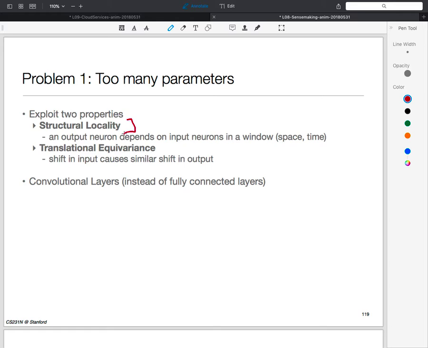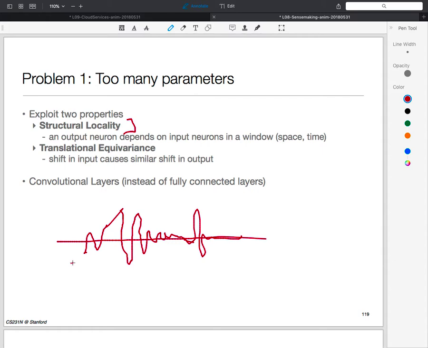Equivariance refers to the fact that if I shift the input, then the output shifts. Let's say you are trying to detect a peak. Let's say there's some waveform, I'm pretty awful at drawing, and I was looking for things dropping below this threshold.